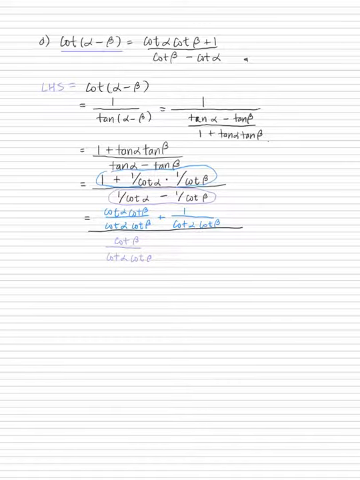All right, so where was I? So cotangent beta over cotangent alpha, cotangent beta, and then minus. Here I need to multiply by cotangent of alpha. Okay, so we're good to go. Let's put this together nicely.